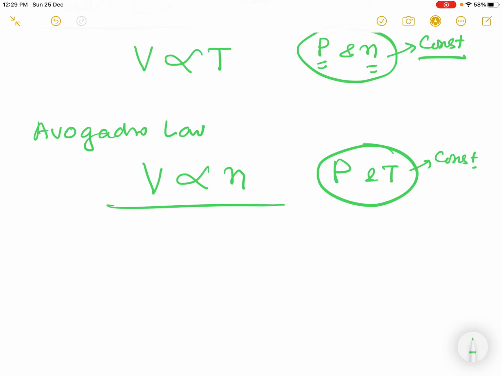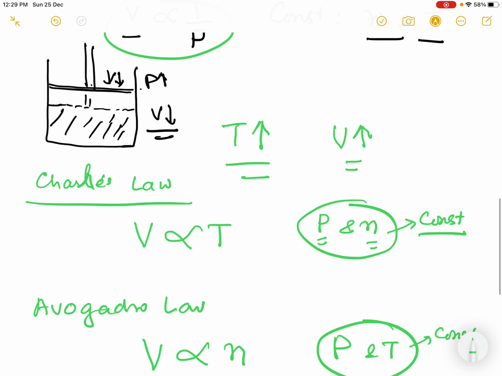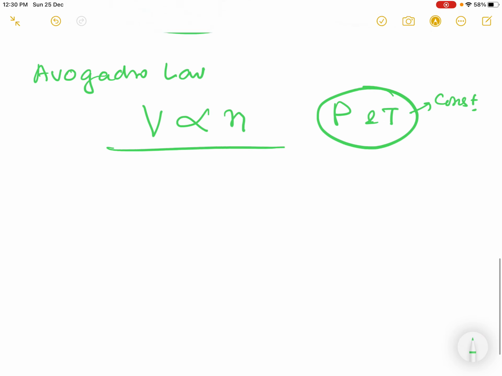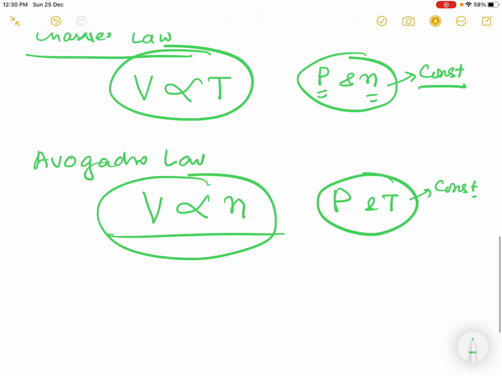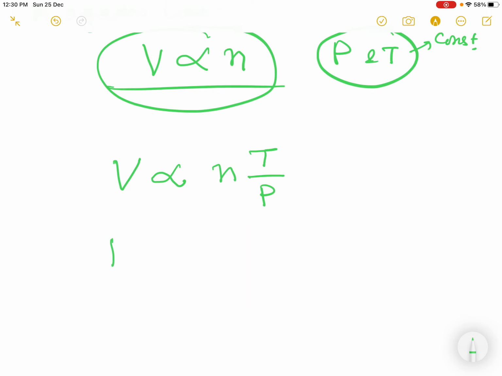So if we combine all these three, number 1, number 2, number 3, then we get that V is directly proportional to NT by P. Or in other words, we can say that PV is directly proportional to NT.